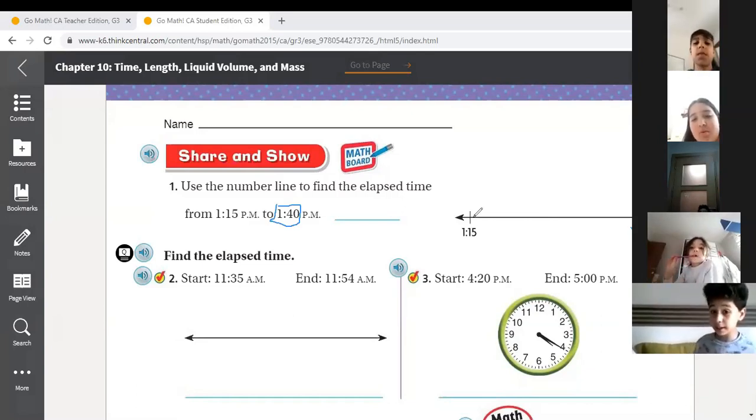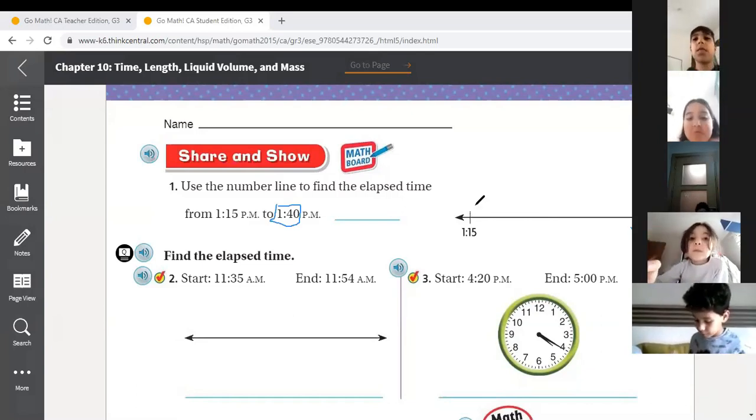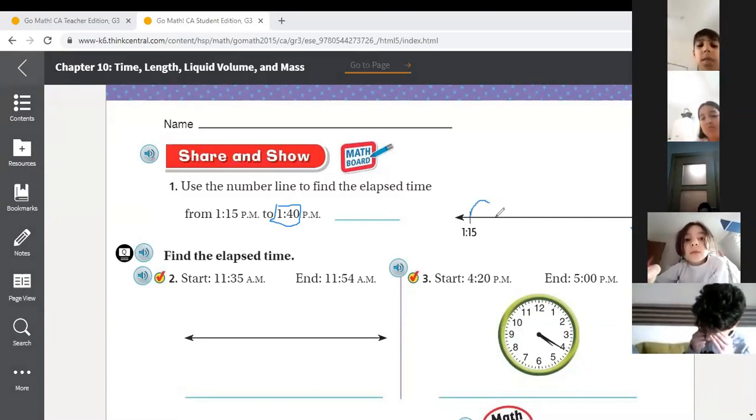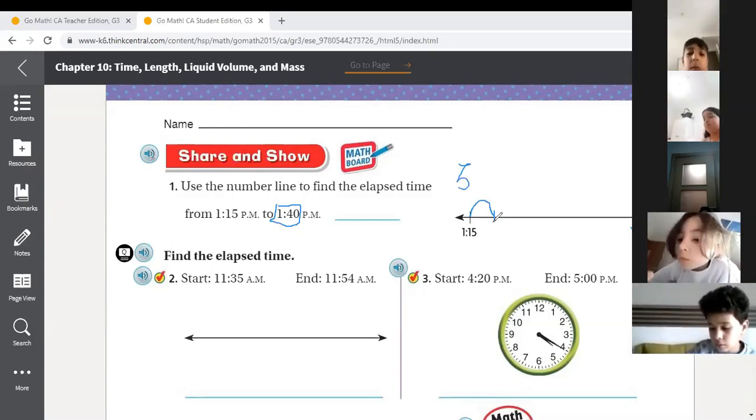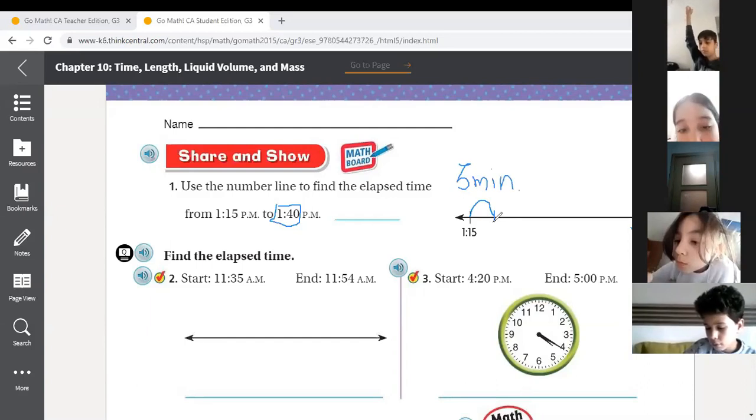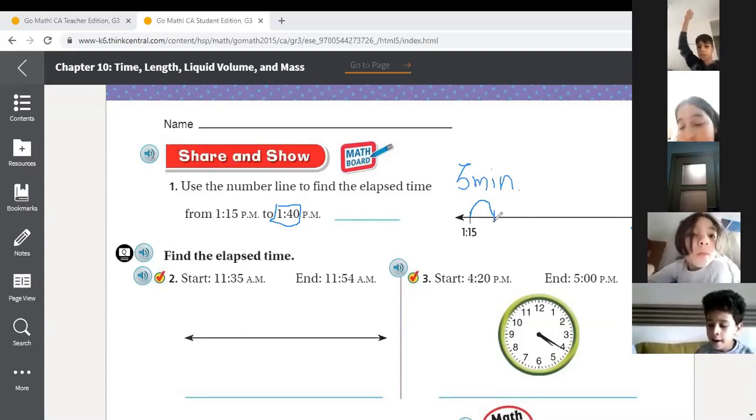5. Okay, so when I add 5 here, I will say 5 minutes. And when you added 5 minutes, what was the time? 15 plus 5, Rana. This is 15, Rana. What's 15 plus 5?